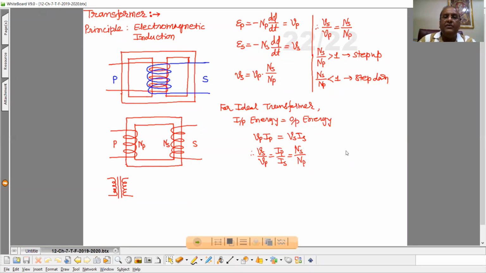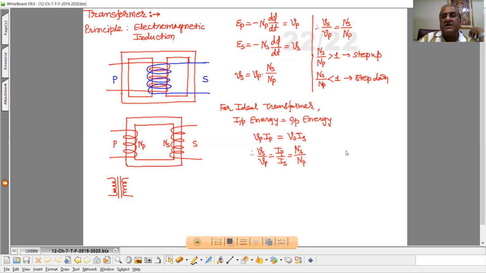So with the help of transformer, when we increase the voltage, and then if the transmission is carried out at high voltage and low current, then the transmission loss can be minimized. Now this particular device, transformer, works on the principle of electromagnetic induction.